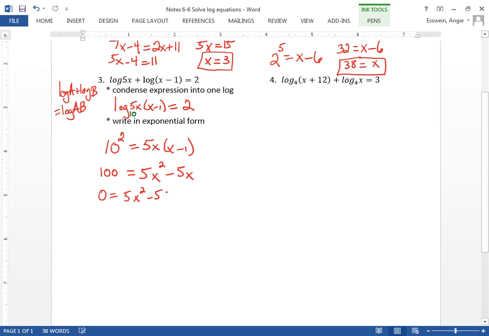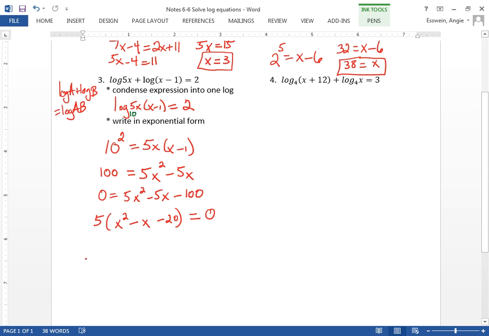So we get to review solving quadratic equations. You always have to get them equal to 0 first for quadratic. And then we factor. And what's the first thing that you do when you factor? You look for a common factor, which is 5. So let's take that 5 out to make our lives easier. It really does make this easier.